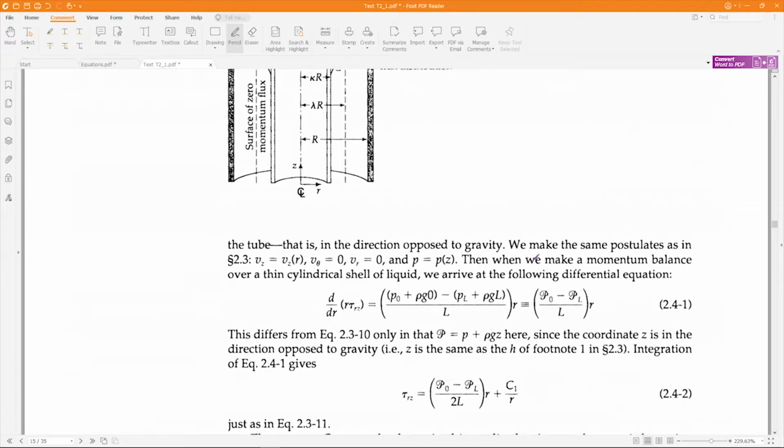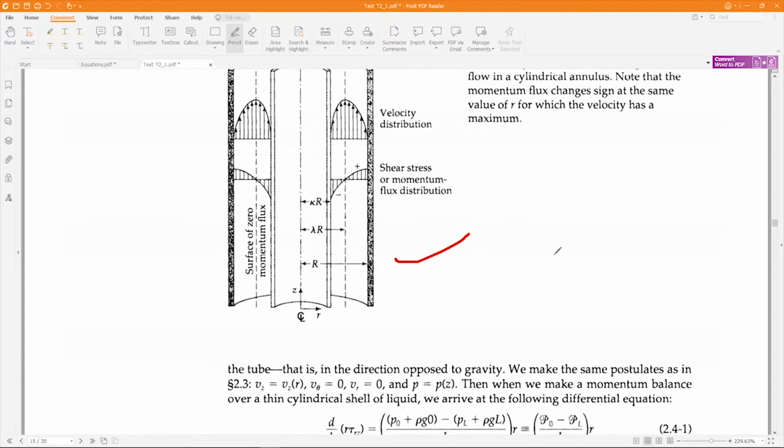This is similar to the flow through a circular pipe. The only difference is the boundary conditions. Kappa r, lambda, I already told you. So only the boundary conditions change. This is almost the same as the flow through a circular pipe.